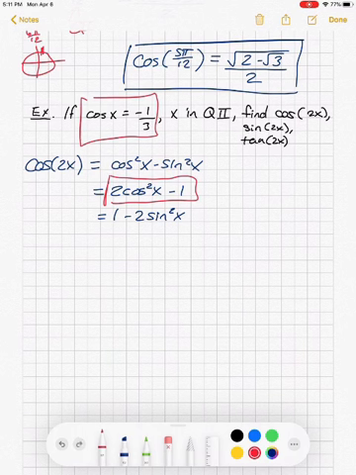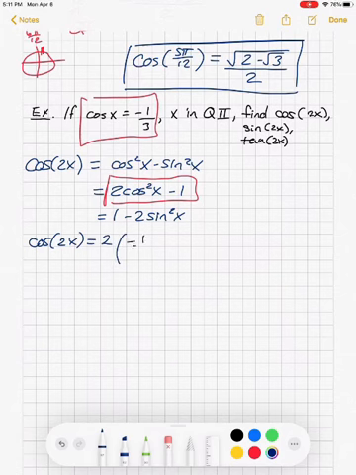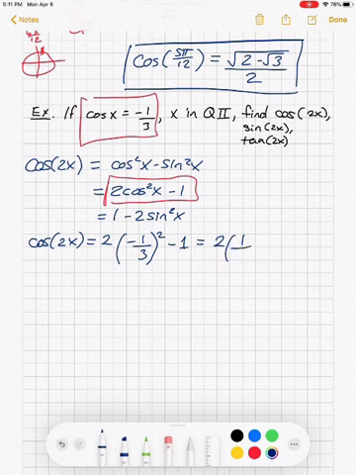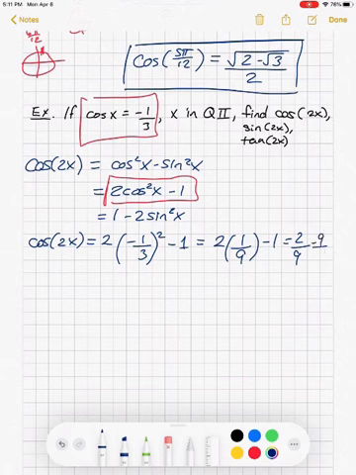So cosine of 2x is 2 times cosine of x squared minus 1. So 2 times a ninth, so 2 ninths minus 9 ninths, negative 7 ninths.